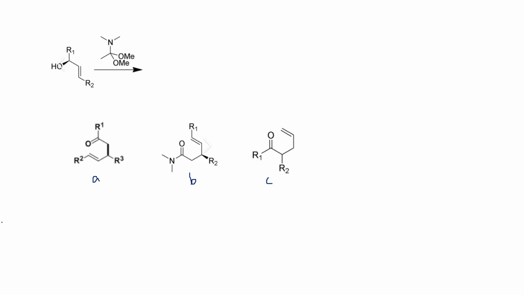Okay. What will happen? As you know, in the presence of acidic condition, one OMe will be eliminated by the help of another one. So this will be eliminated in the presence of acid, forming this one.